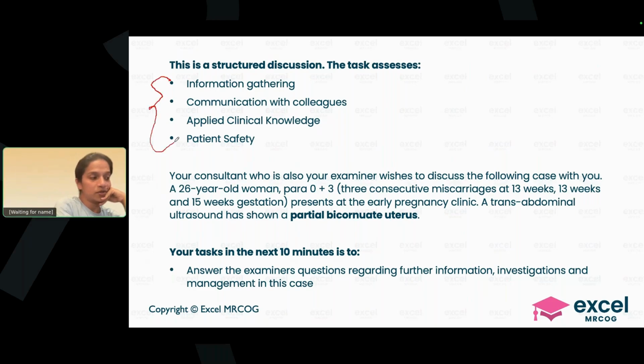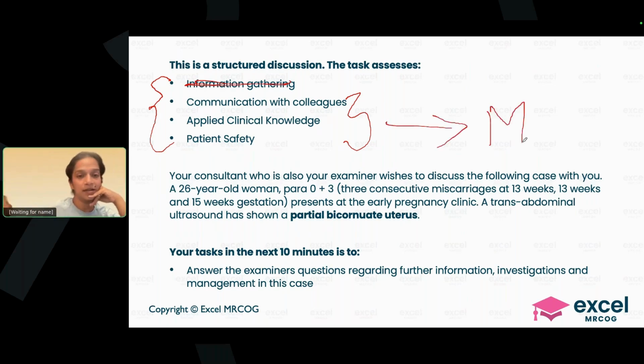If this was not there, if there were 3 domains, then it is possible that they would just want to discuss the management, only the clinical management. But the very fact that this is there means you have to discuss history in detail, examination, investigations, 3 things. This is how noting the domains always helps you.